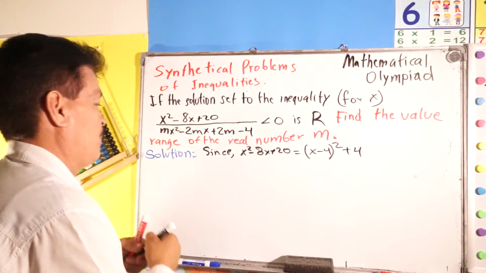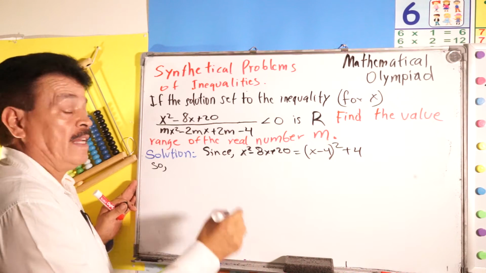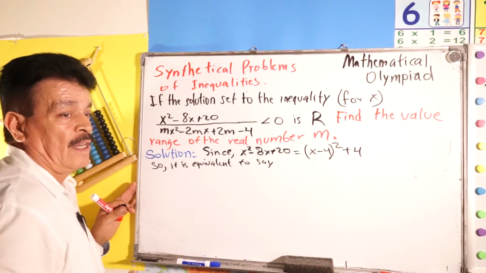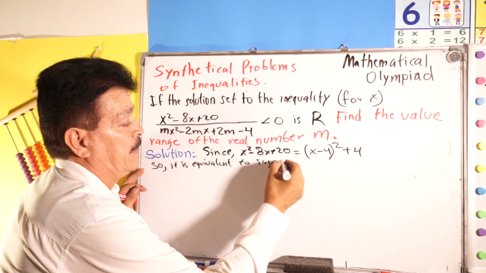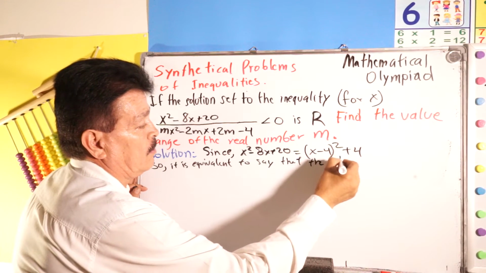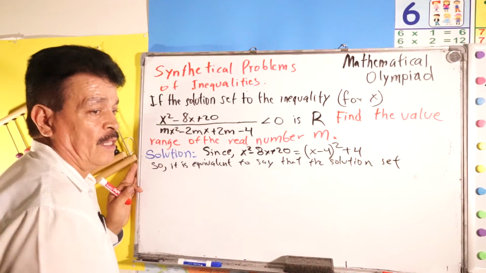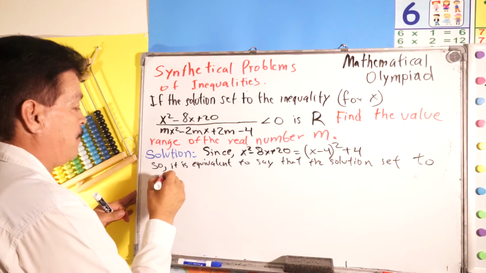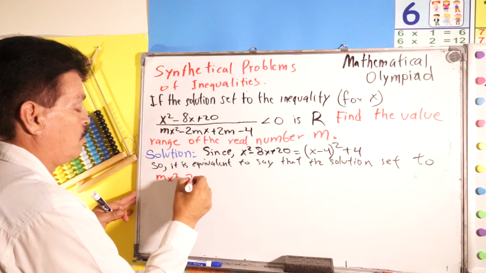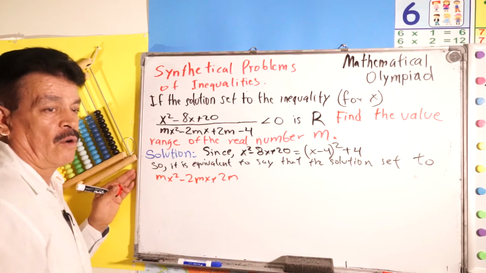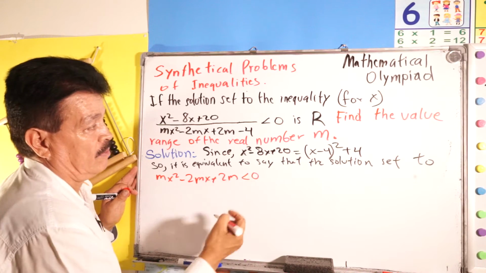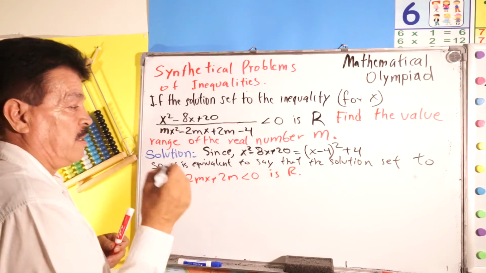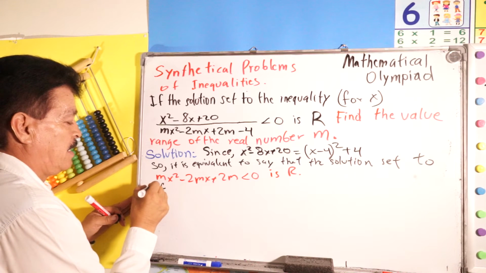So it is equivalent to say that the solution set to the denominator, mx² − 2mx + 2m − 4 < 0, is R. Now this is very important.